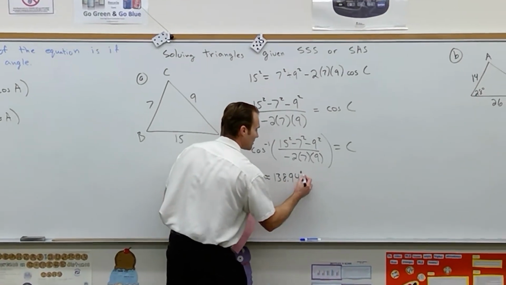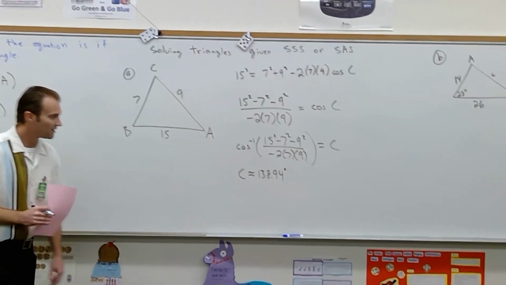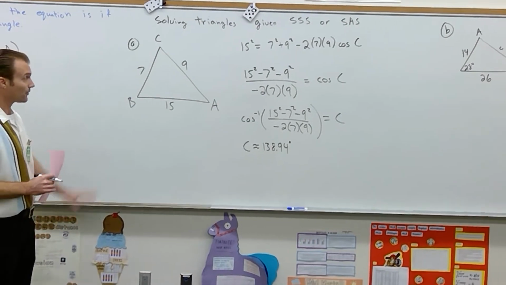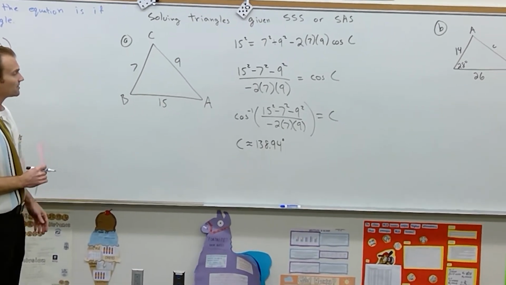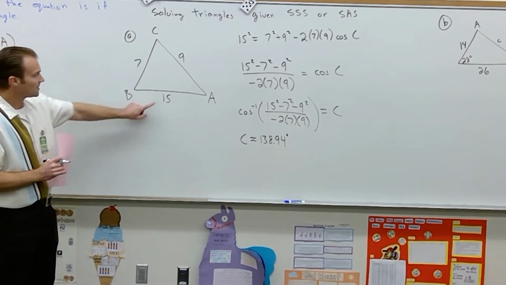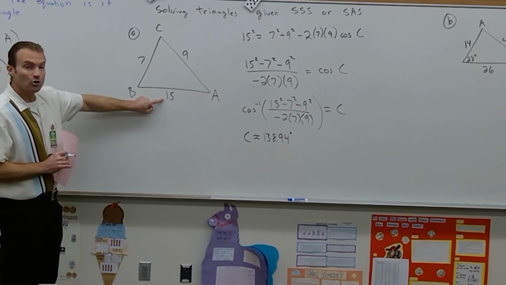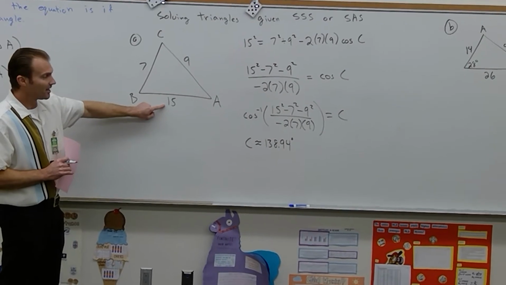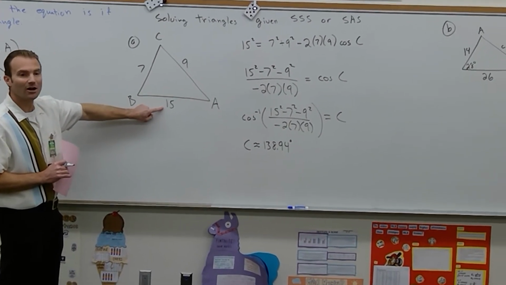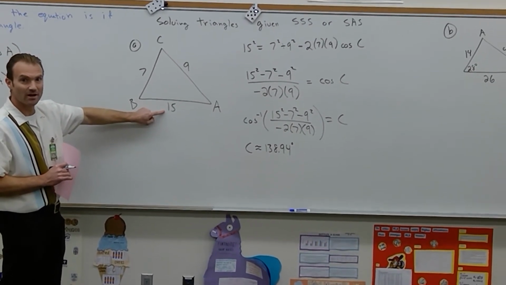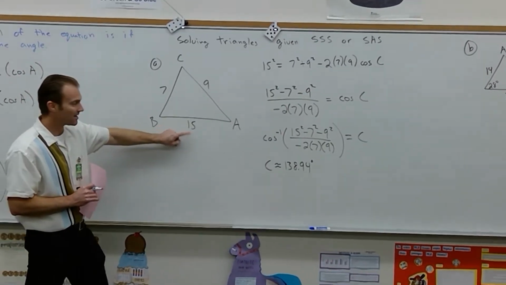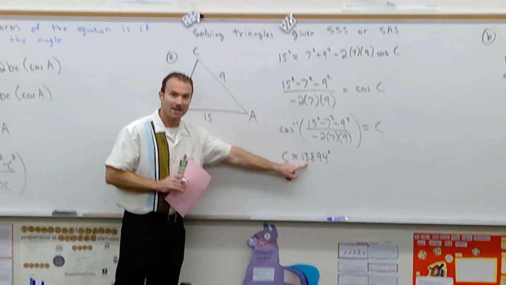Degrees. Now, the reason I solved for that angle first, I could have solved for any of the angles first. I solved for that one first because side C is the longest side. And if I find the greatest angle, I can now jump safely to law of sines without having to worry about any ambiguous case, because I now have an obtuse angle.